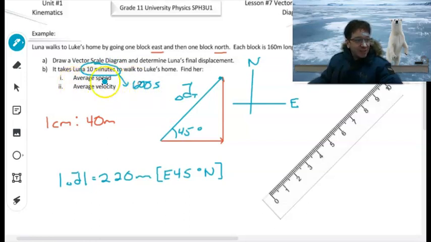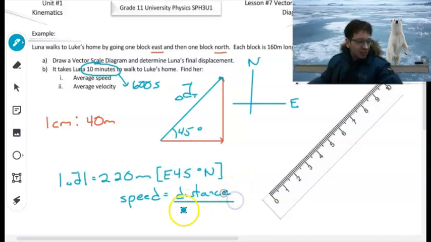Find the average speed. Now, speed is a scalar, remember? So your speed is going to equal your distance over time, not displacement. Distance is the total amount that Luna's actually walked here. So our distance would be 160 meters plus 160 meters, which would give us 320 meters.